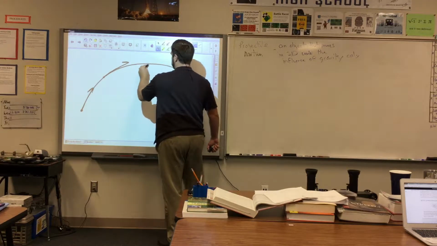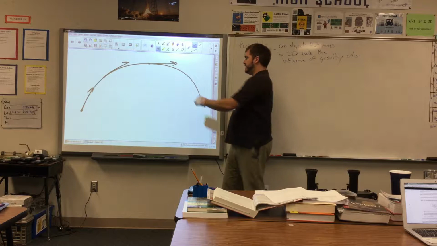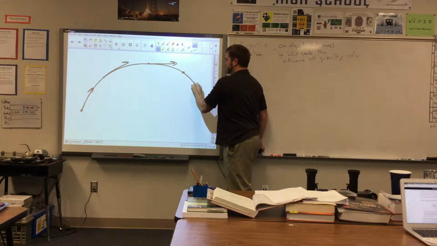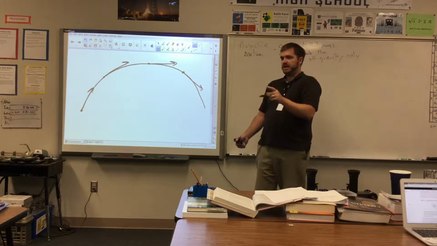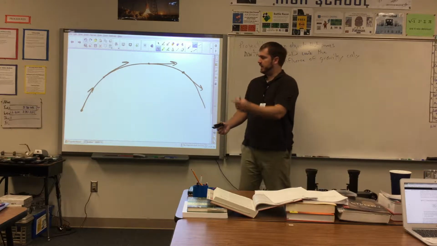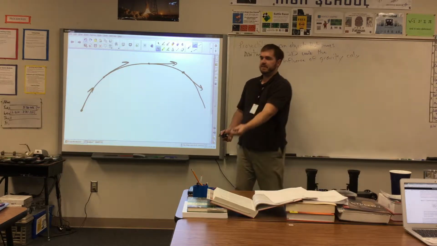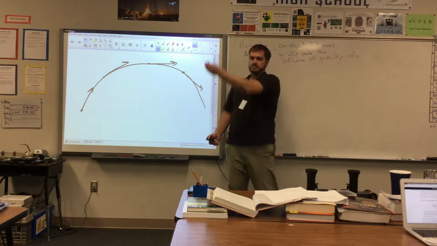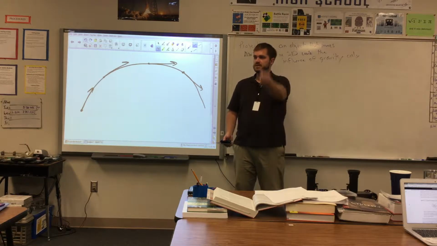It's going to have a velocity, and that velocity is a vector. That's showing the direction that it's traveling at exactly that moment. And you could say that an object traveling in projectile motion has both a horizontal velocity and a vertical velocity.